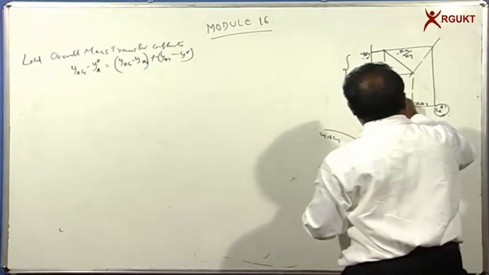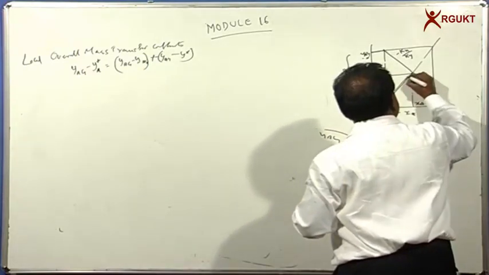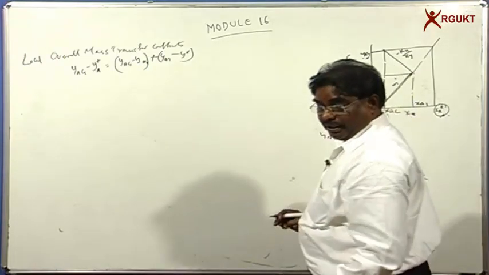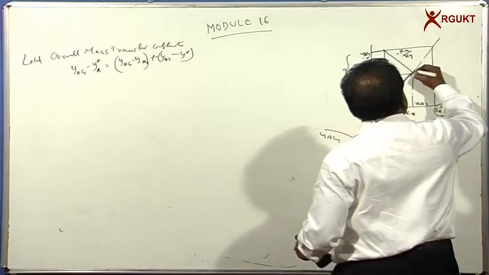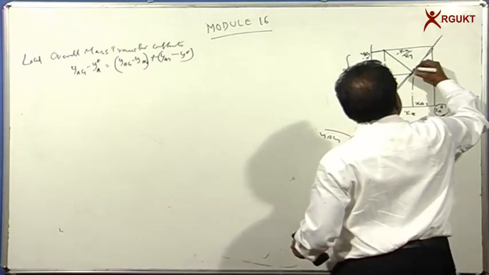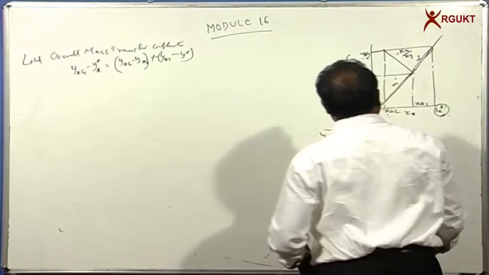So this is the curve. Maybe we can write it as a straight line with the slope of m prime, and similarly this is the actual curve, and this can be written as another straight line with the slope of m double prime.